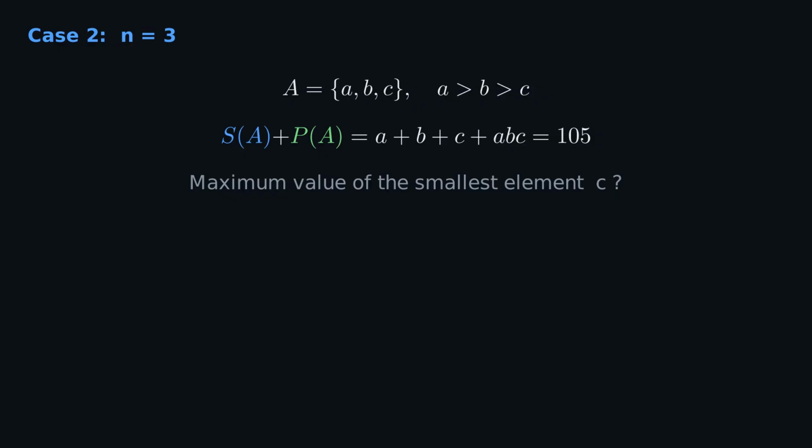So the next step is to find a maximum possible value for the smallest element, c. And we notice that 4 times 5 times 6 is already bigger than 105. So c can't be 4. c must be strictly less than 4. So we're going to check the 3 subcases, c equals 1, c equals 2, and c equals 3. And we'll check each one separately.